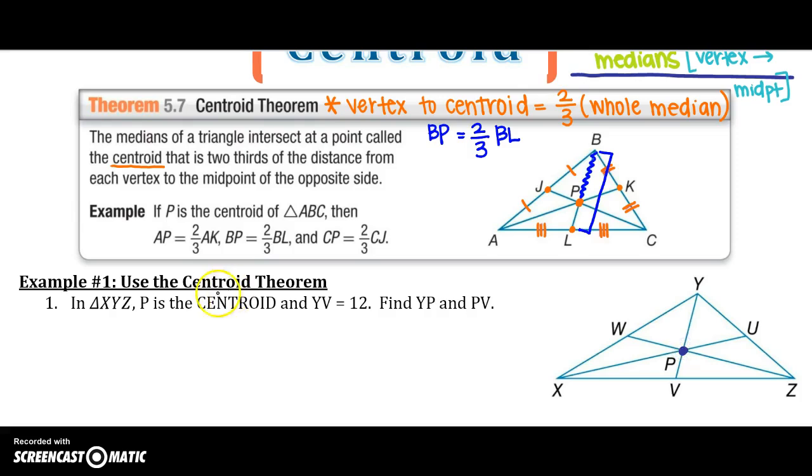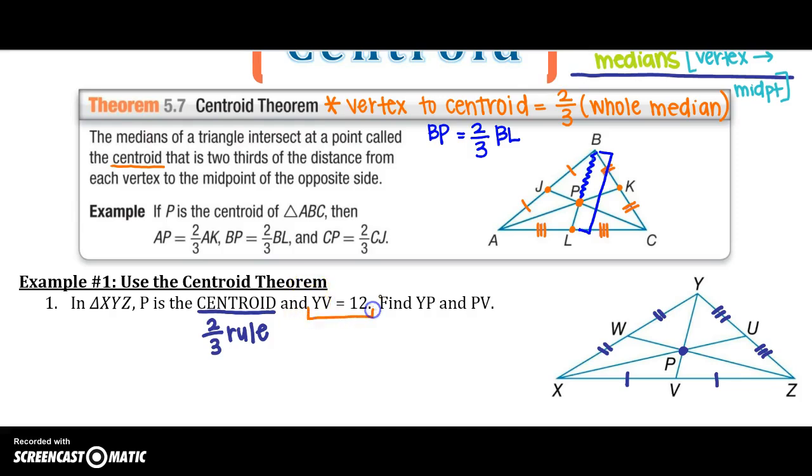Now, with the centroid, we have midpoints on each side. So we know that V is the midpoint, W is the midpoint, and so is U. I always like to think about the 2/3 rule. That helps me remember what I need to do in these types of problems.